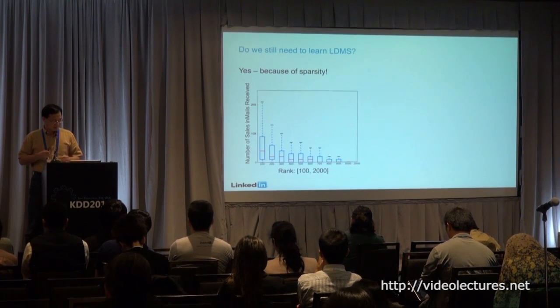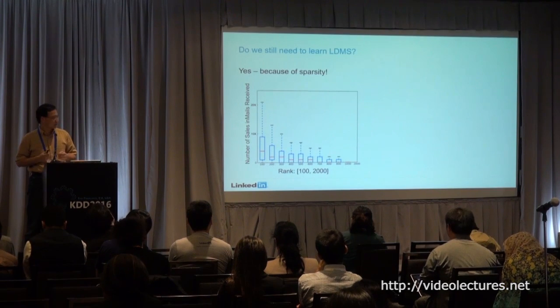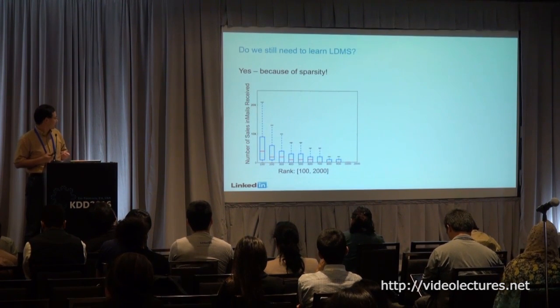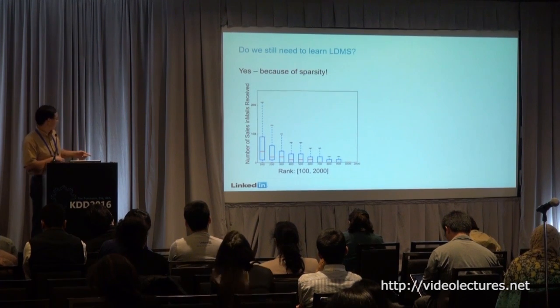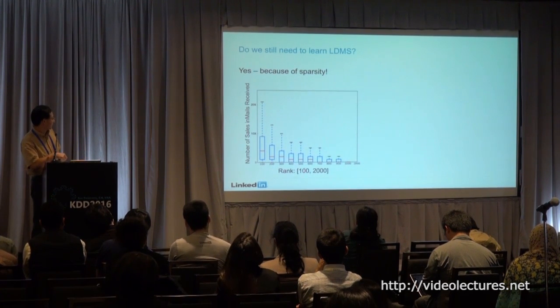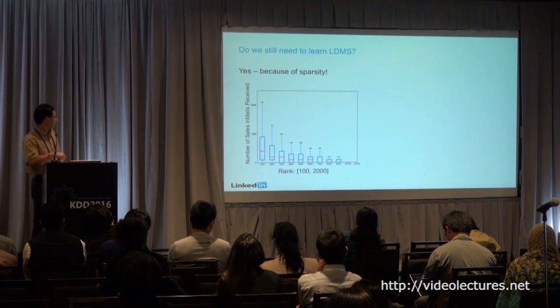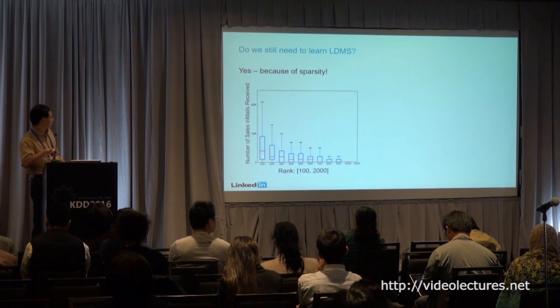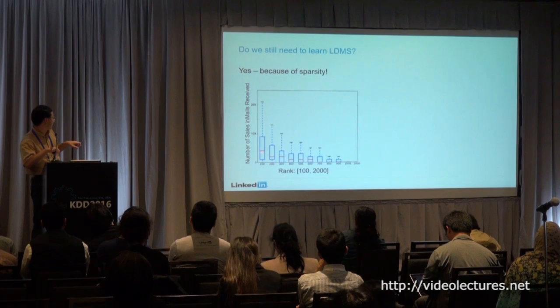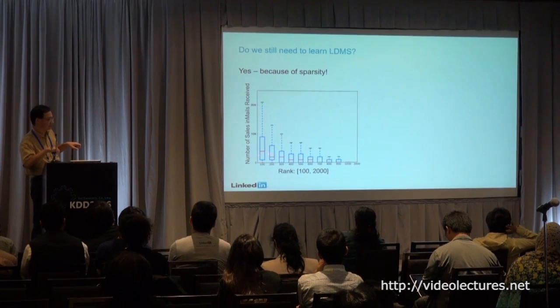So we made a box plot here. The x-axis is a ranking per company. Think of Google. We are ranking the number of sales emails you get from the 100th to about the 2000th in this case. If you are ranked 100 in the company, you get roughly this many sales emails.